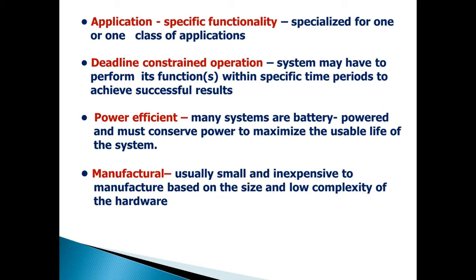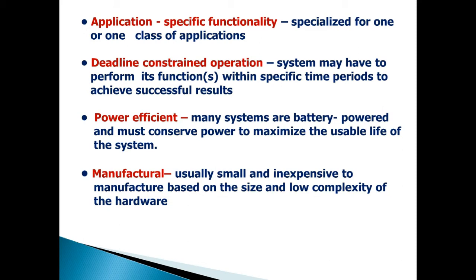The next characteristic is application specific functionality. Specialized for one or one class of applications. This is the most important. Deadline constrained operation: the system may have to perform its function within a specific time period to achieve a successful result. Next, power efficient.